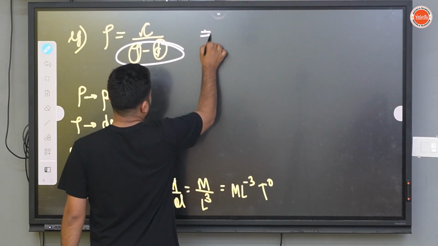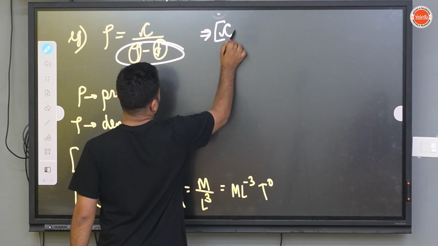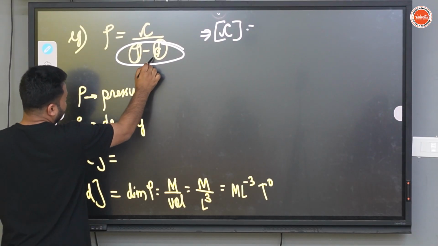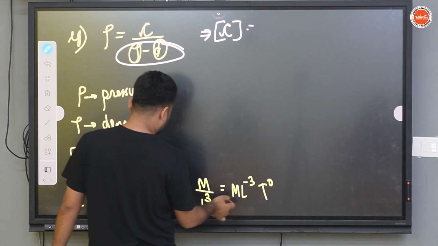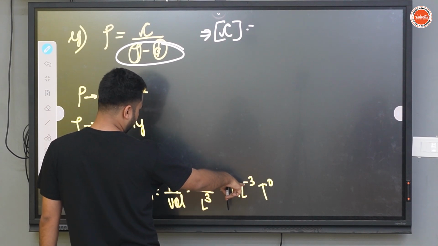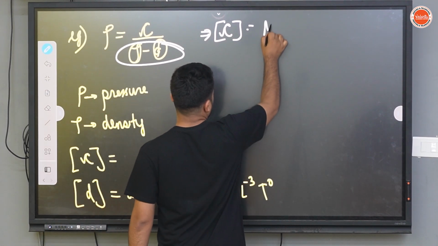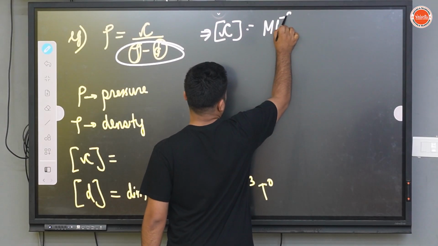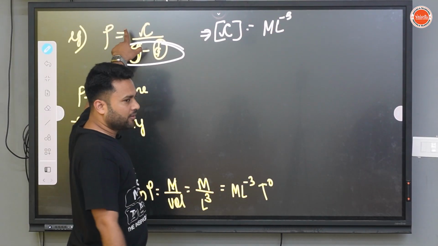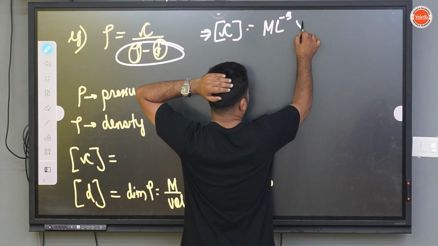So can I write dimension of C equals cross multiply. This is density, mass per unit volume, multiplied by pressure. Pressure is what? Force by area.